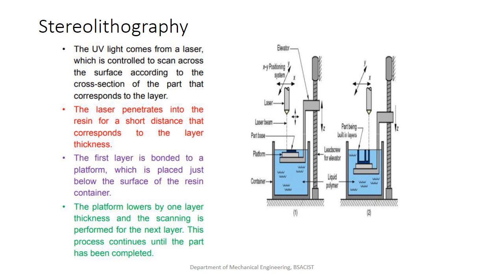The first layer is bonded to a platform which is placed just below the surface of the resin container. The platform lowers by one layer thickness and scanning is performed for the next layer. This process continues until the part has been completed.